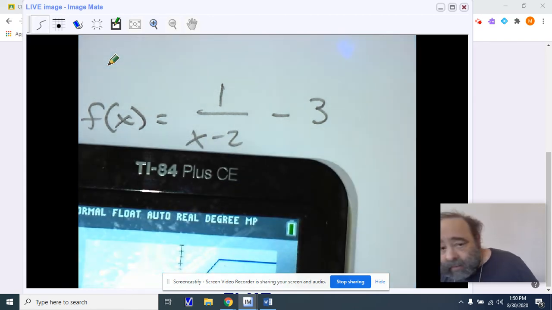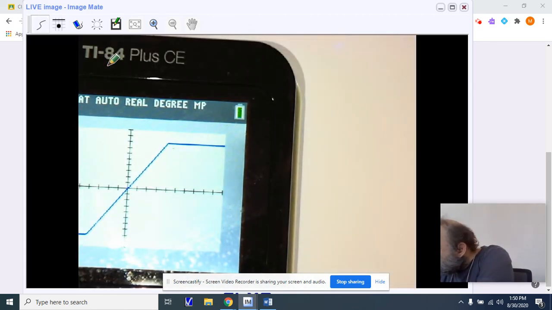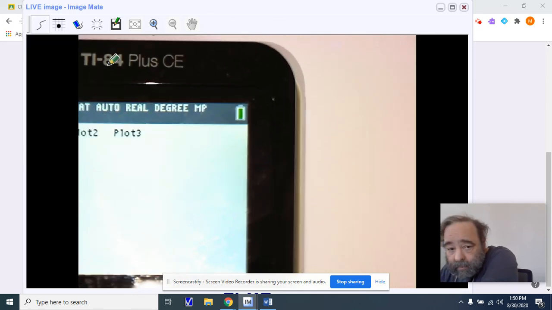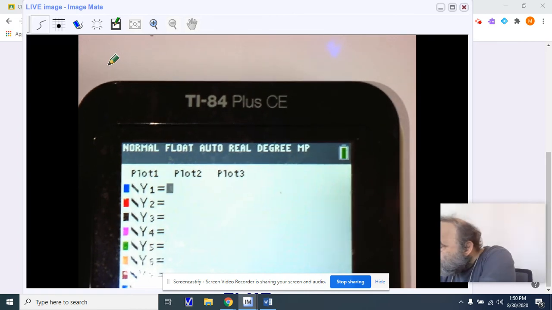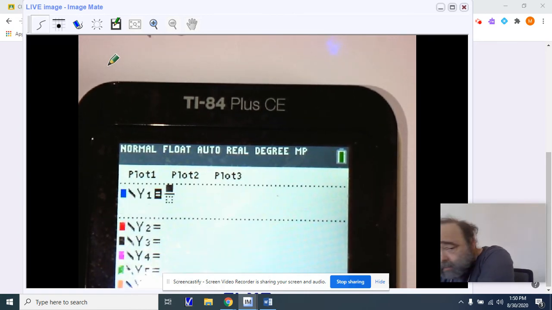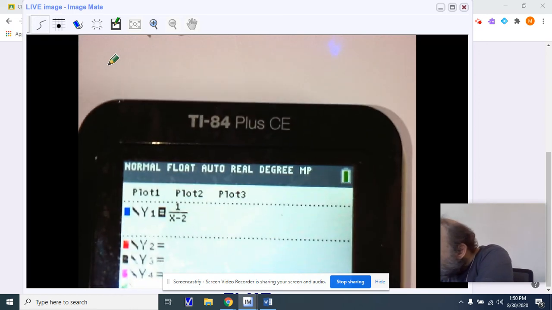We're going to go back, y equals, clear out what we had. I'm going to create my fraction again. This is alpha y equals enter. I have 1 divided by x minus 2, and then I have a minus 3.